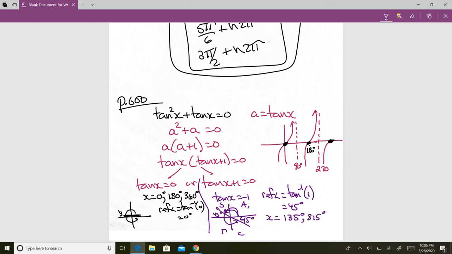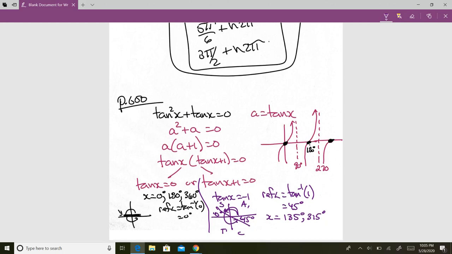Okay. So all of our answers, I'm running out of room already. So our answers are x is equal to these three, 0, 180, 360, and those two, 135 and 315.